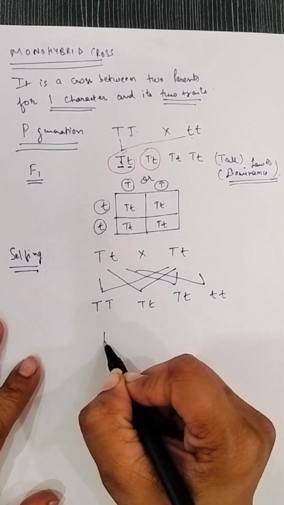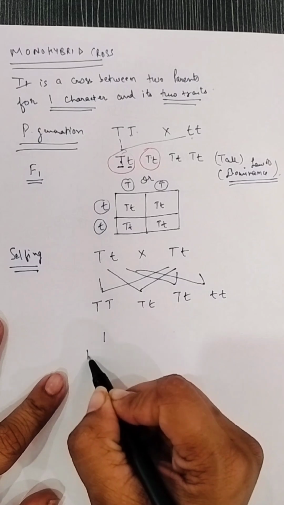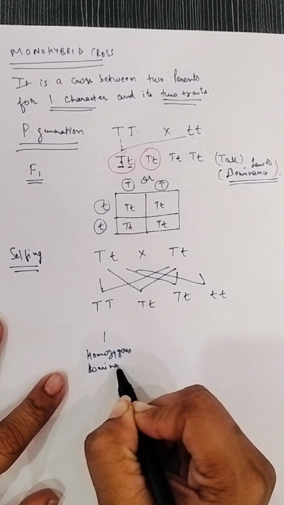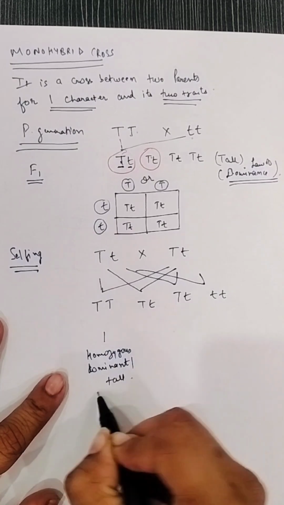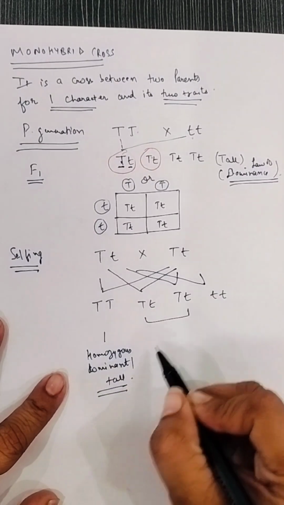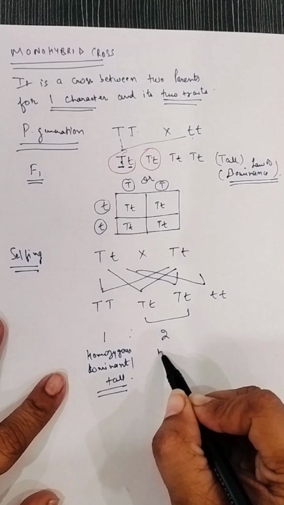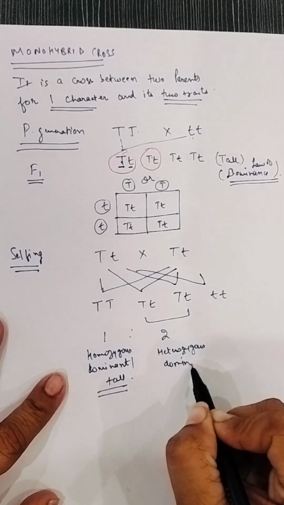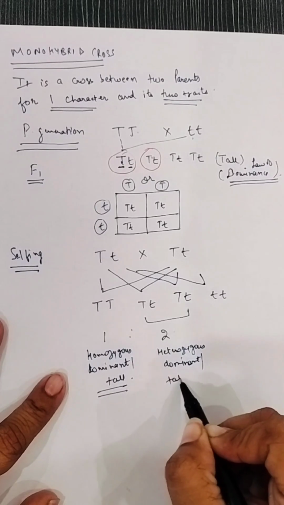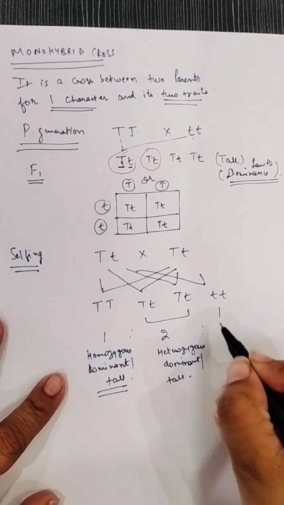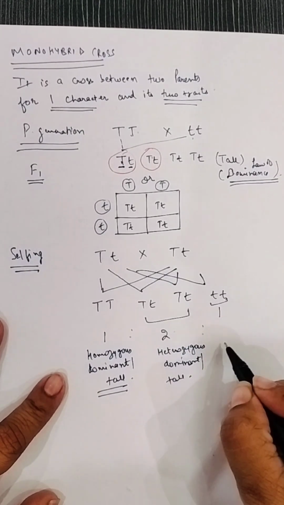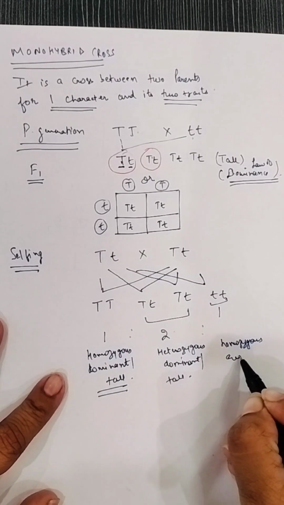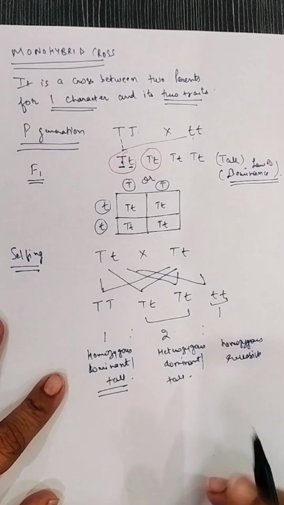So 1 ratio for homozygous dominant or homozygous tall, 2 ratio for heterozygous dominant or heterozygous tall, and then again 1 ratio for homozygous recessive.